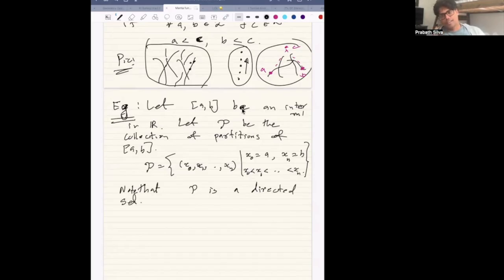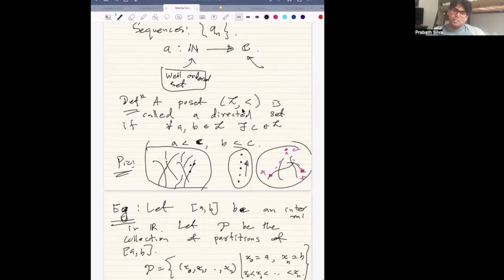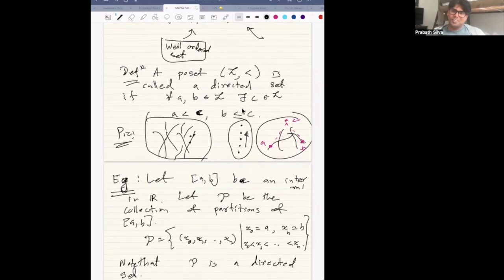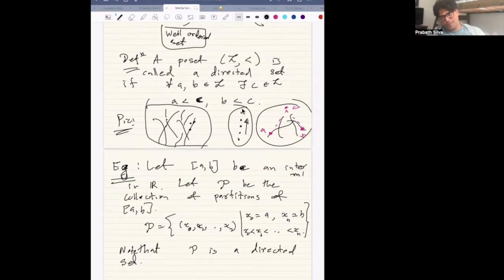If you take two elements, you can look at the partition that you get by throwing in all the points in the union of those two, and that's another one. And you have the upper sum and lower sum. Those are really functions defined on this collection of partitions.